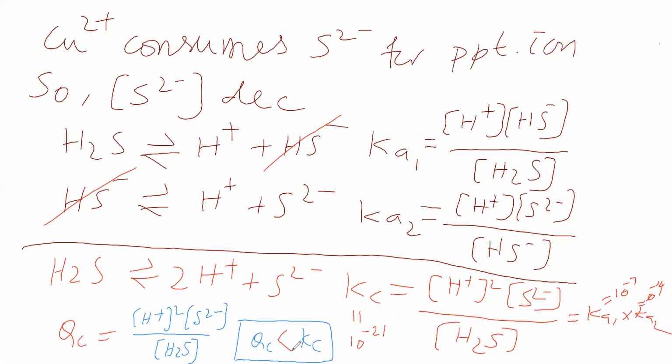In order to attain equilibrium, the system shifts either forward or backward. The system is trying to make Qc equal to Kc.